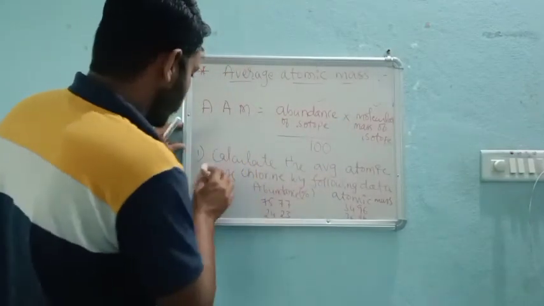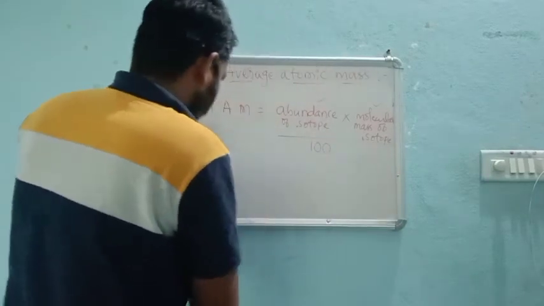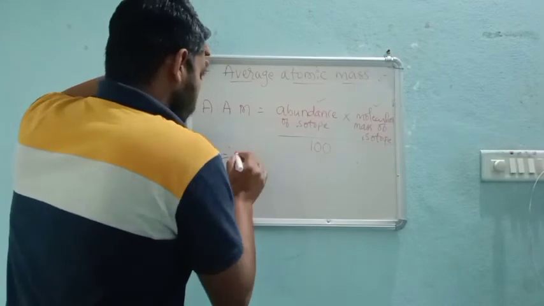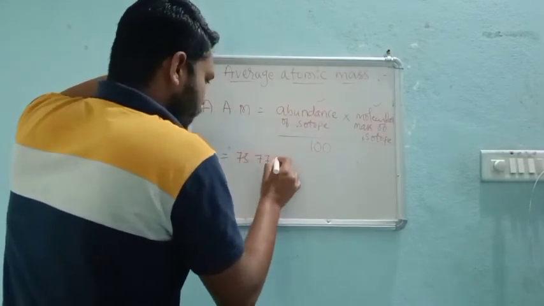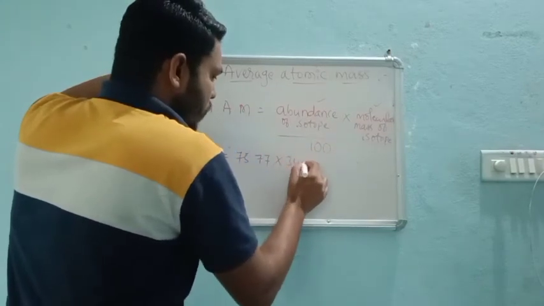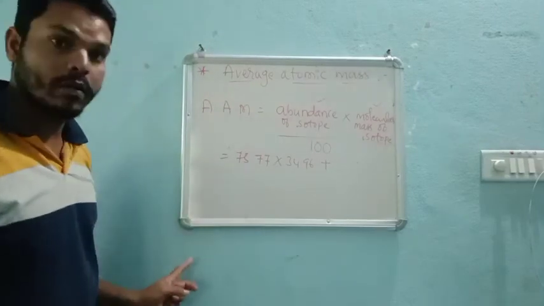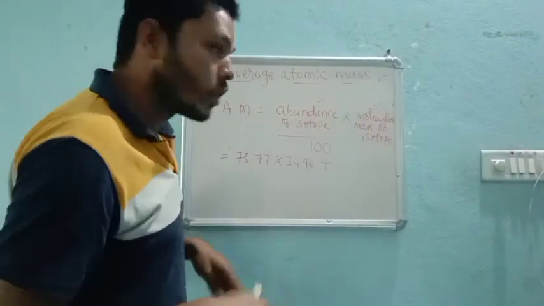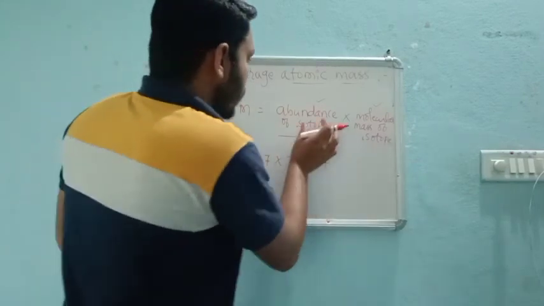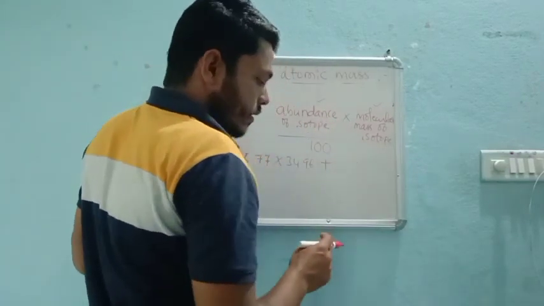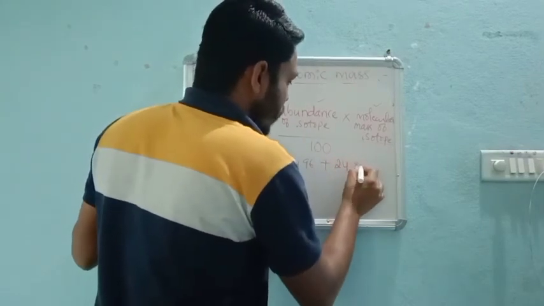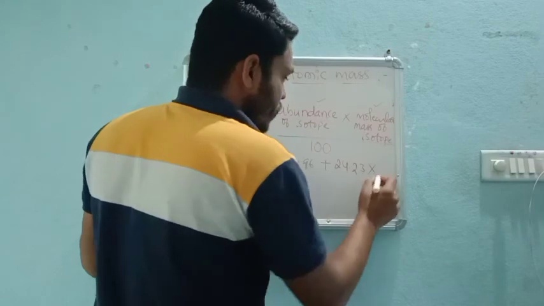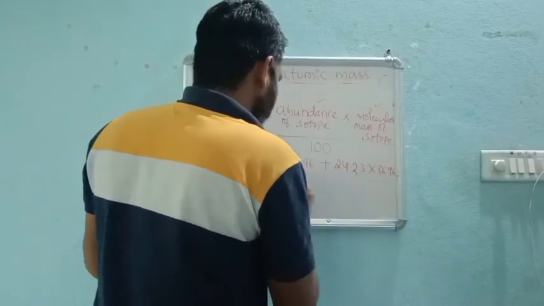So now, the first, Cl35, whose abundance is 75.77 into its molecular mass 34.96, plus, because we have one more isotope, Cl37, whose abundance is 24.23 into its molecular mass 36.96, whole divided by 100.